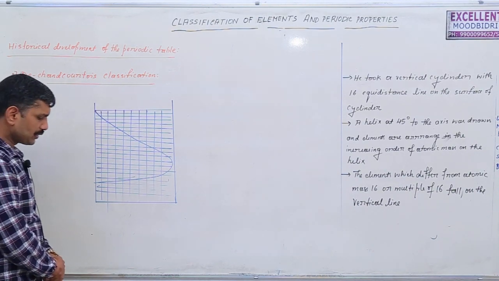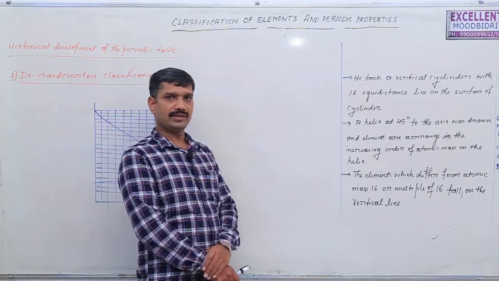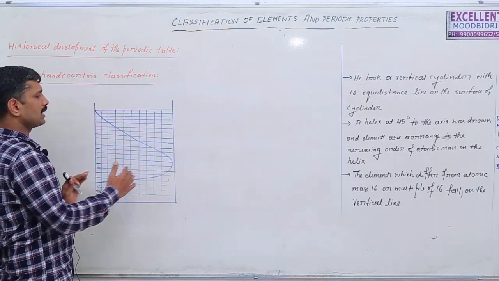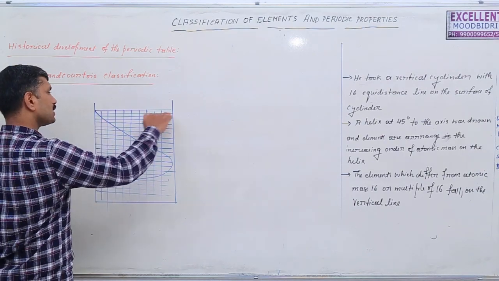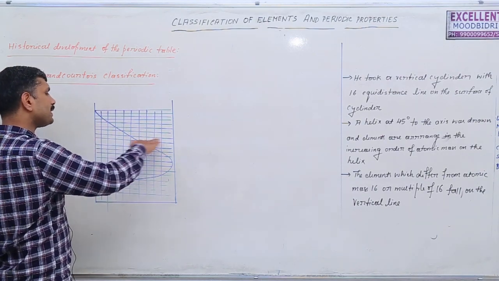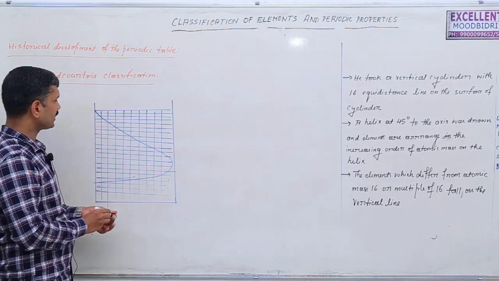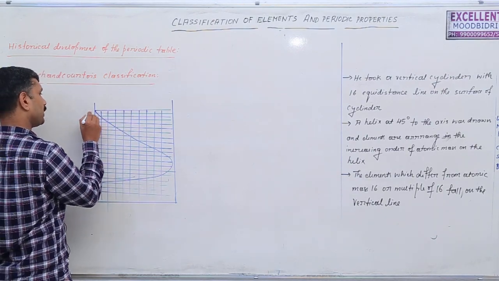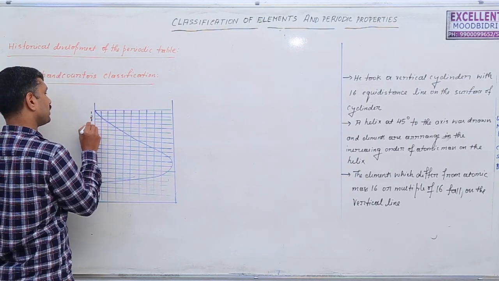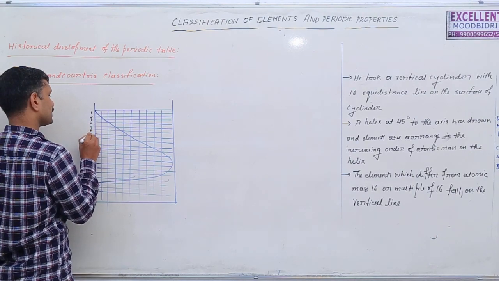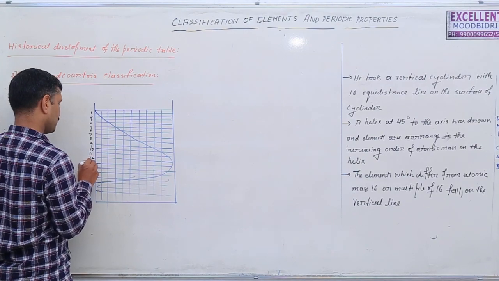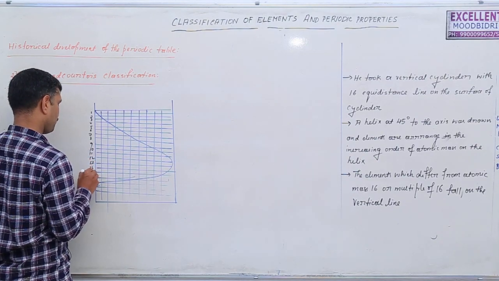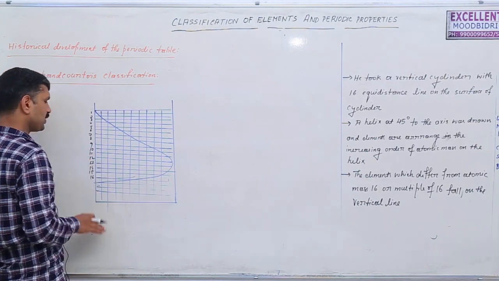Actually, he took one vertical cylinder, and he drew 16 equidistant lines: 1, 2, 3, 4, 5, 6, 7, 8, 9, 10, 11, 12, 13, 14, 15, 16, continuously.